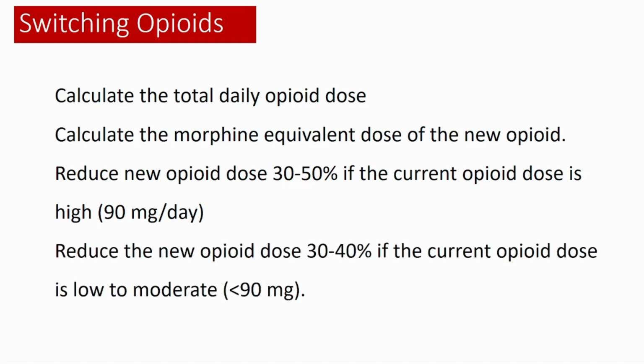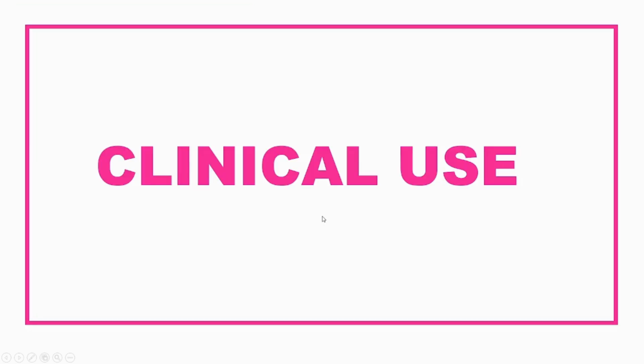Or reduce the new opioid dose 30 to 40% if the current opioid is less than 90 milligrams. So over 90 milligrams is 30 to 50%. If it is less than 90 milligrams, 30 to 40%. Those are recommended for opiate morphine equivalent dose switching.